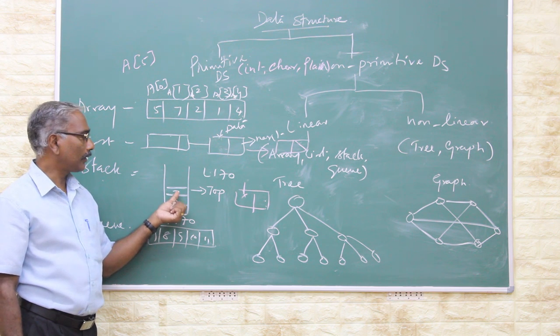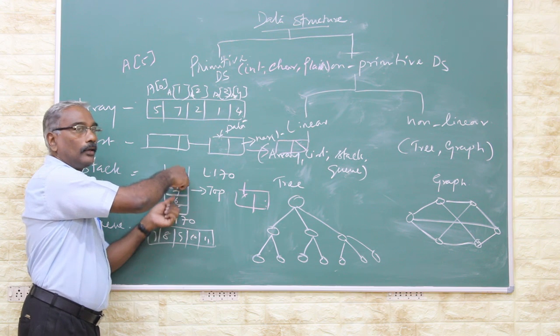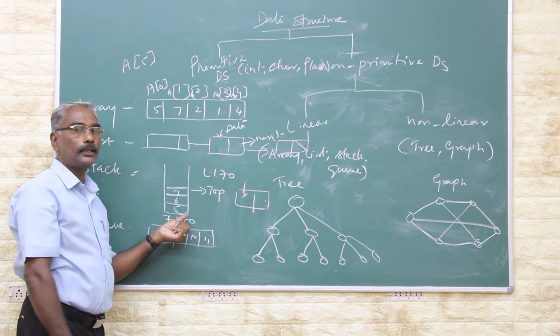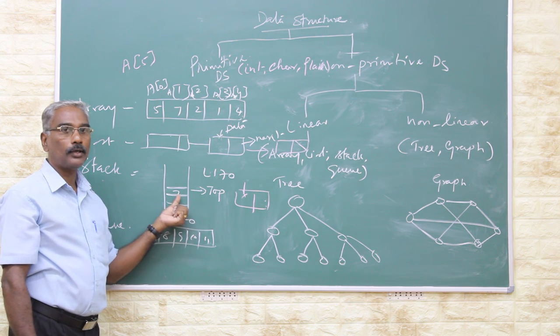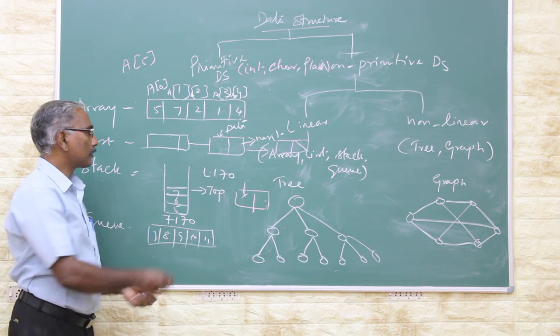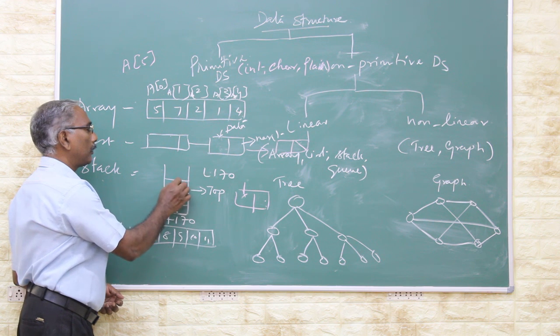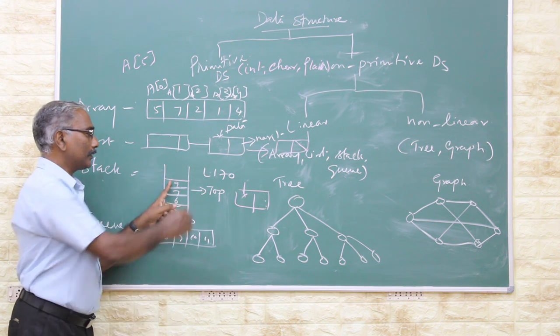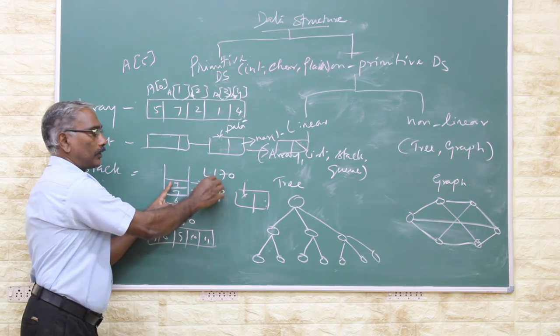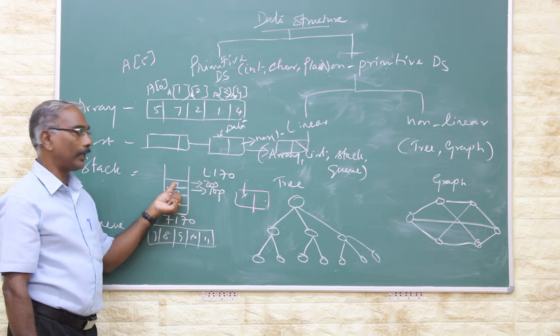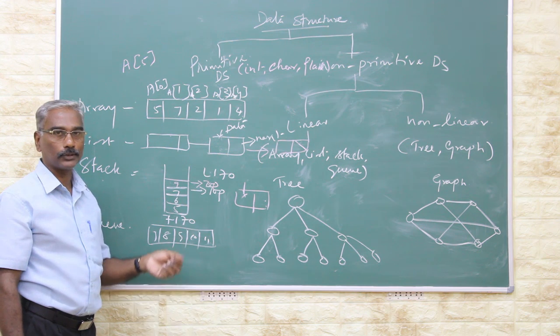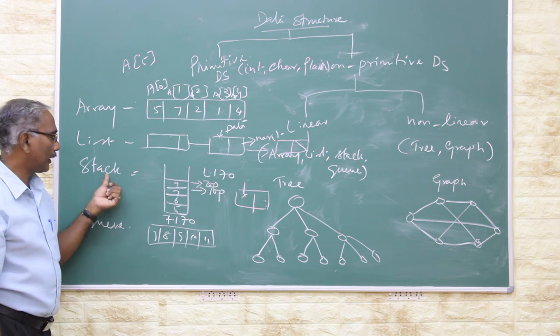If I want to delete an element, I have to take the last in element. The last in element is 7. That is the top position. So, last in, first out. Suppose I insert a new element 9, then this becomes the top now. If you want to remove an element, the 9 will be removed first. This is the concept of the stack data structure.